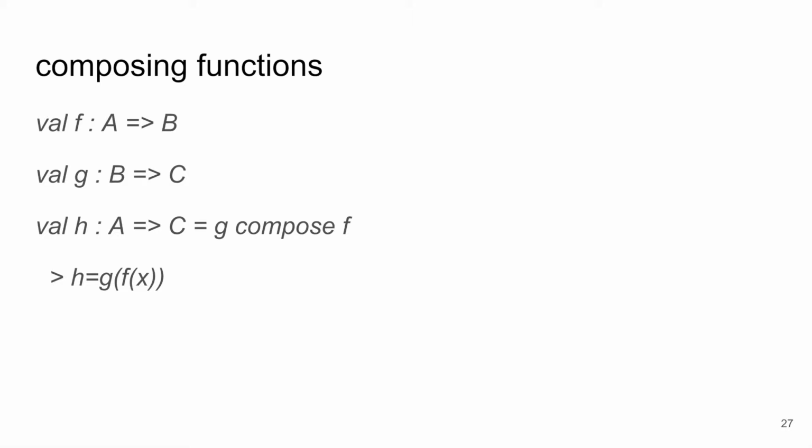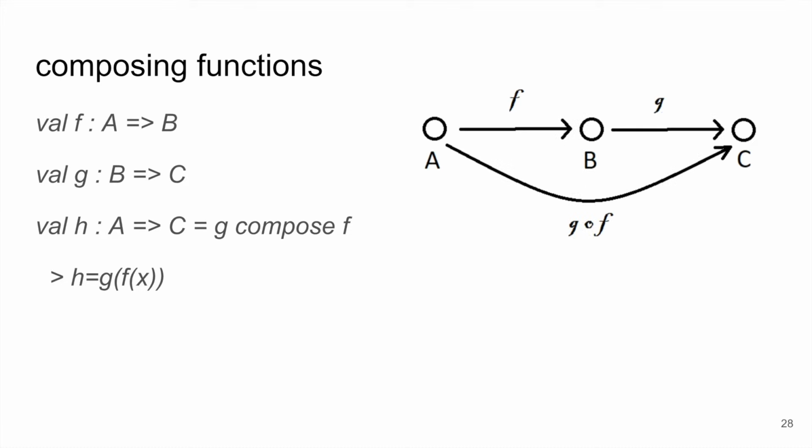In Scala, this is written as g compose f, which does g of f at x. And we represent composition in this way, which tells us that it's possible to go from A to C through B, but we can also go straight from A to C using the compose function g circle f.